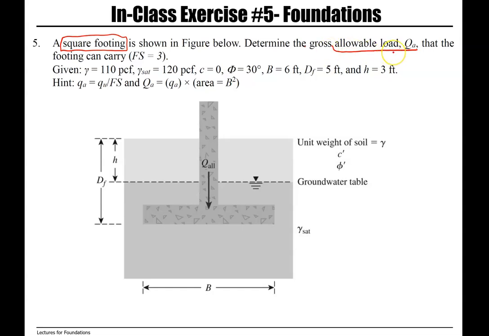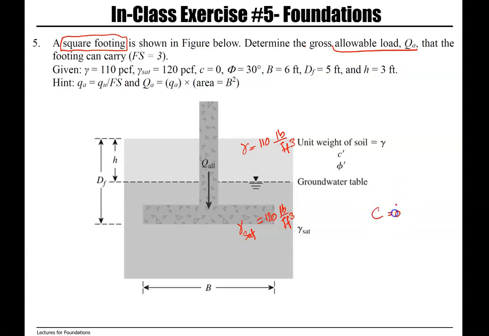So this question is asking for allowable load. And we also have groundwater table above the bottom of footing. So here we have moist unit weight as 110 pound per cubic feet and saturated unit weight below the groundwater table as 120 pound per cubic feet.